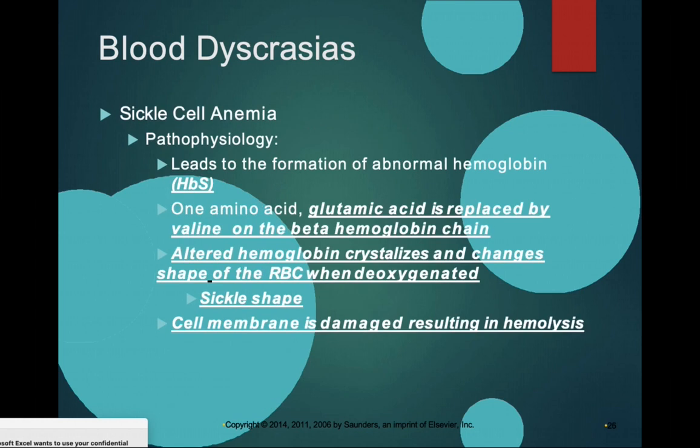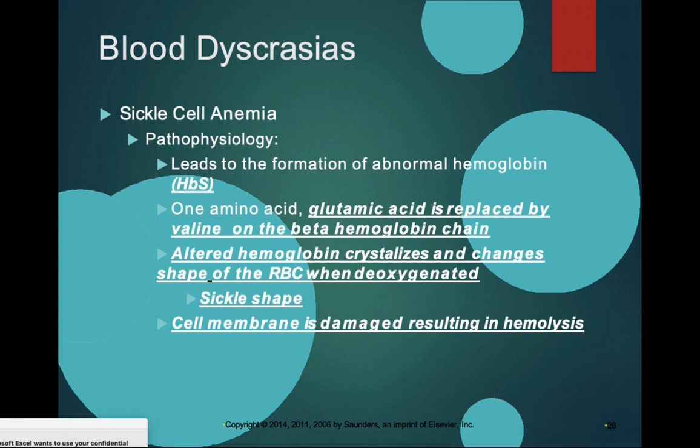So let's look at sickle cell anemia. Sickle cell anemia leads to the formation of abnormal hemoglobin, where the main feature in terms of the pathophysiology, this is classic, is that glutamic acid is replaced by valine on the beta hemoglobin chain.